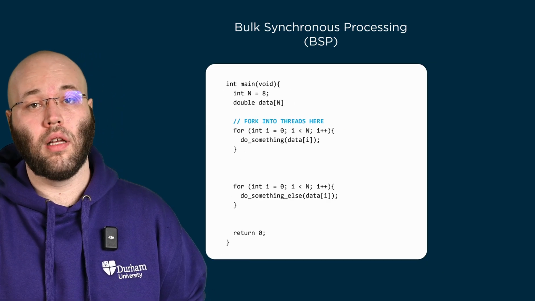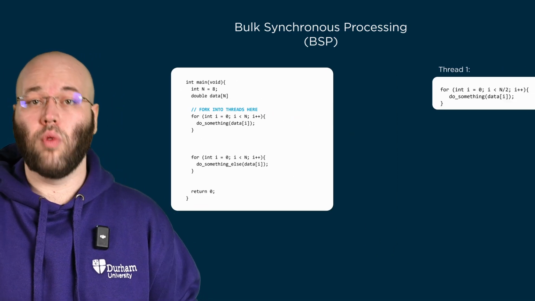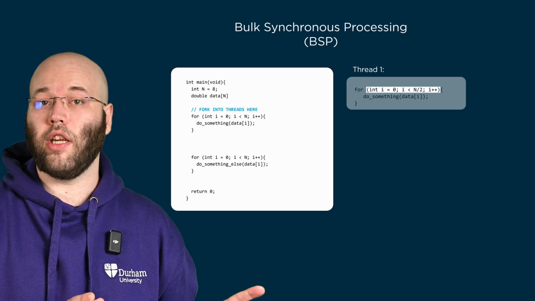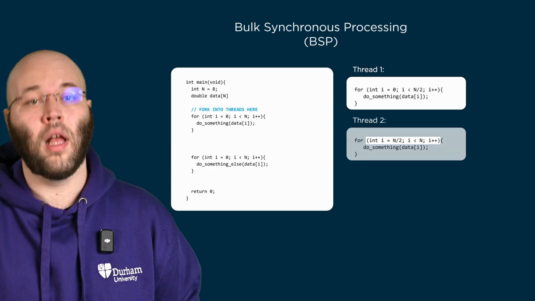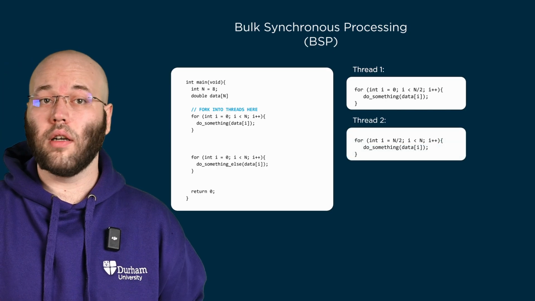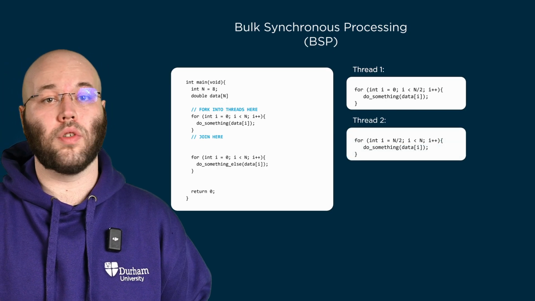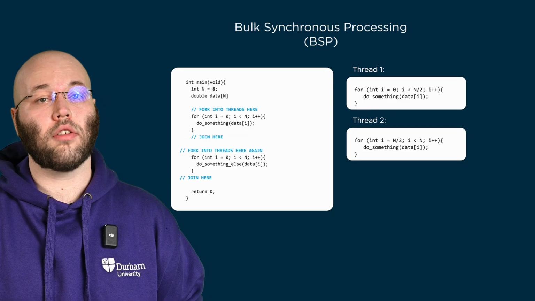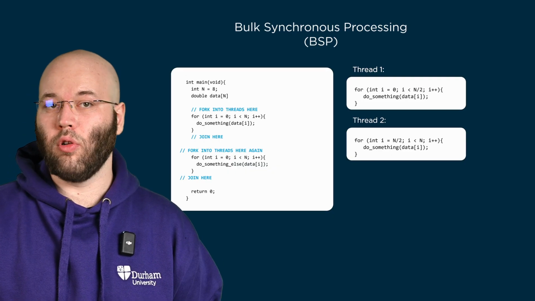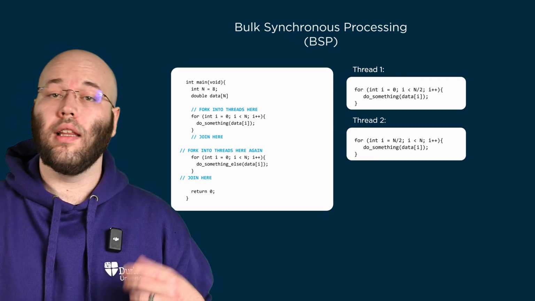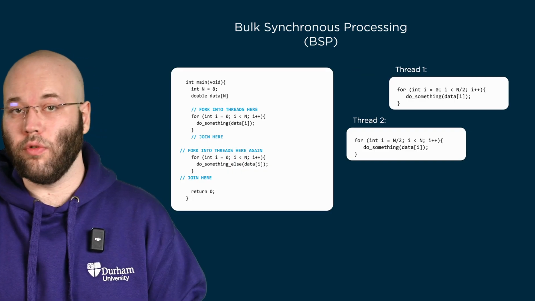Here, for example, we split into 2 threads, with one thread working on the first half of the iterations, while a second thread works on the second half of the iterations. Once they have completed their work, we join them again and repeat the procedure for the second for loop as a second superstep. How exactly the program is told to fork into multiple threads depends on the parallel library or language you use.